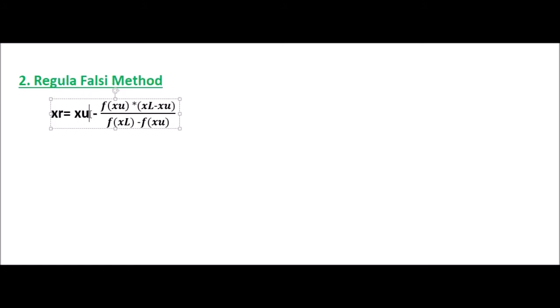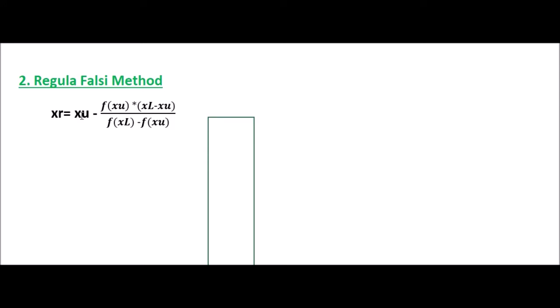Ibig sabihin ng xu, this is the x upper, x lower, then you have your xr here. Itong xr yung tinatry nating hanapin na close, ito maging close siya sa ating final answer. Ito namang f of xu, I hope alam yung ibig sabihin nito. Ibig sabihin yung ating function, ilalagay natin yung xu natin. Alright? And then ito, yung ating function, ilalagay natin yung ating xl and we solve for it. Alright, so this is the formula.